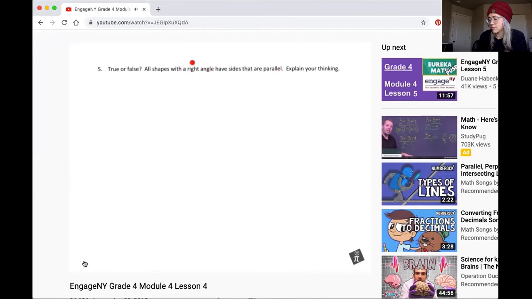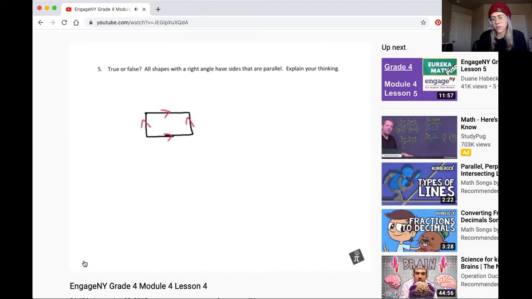Or maybe every single instance of a figure with a right angle, they always have parallel lines. For example, you might say, well, here's a right angle, and if we complete it, oh, there we go. We have a rectangle, and it looks like we've got a couple of parallel lines.